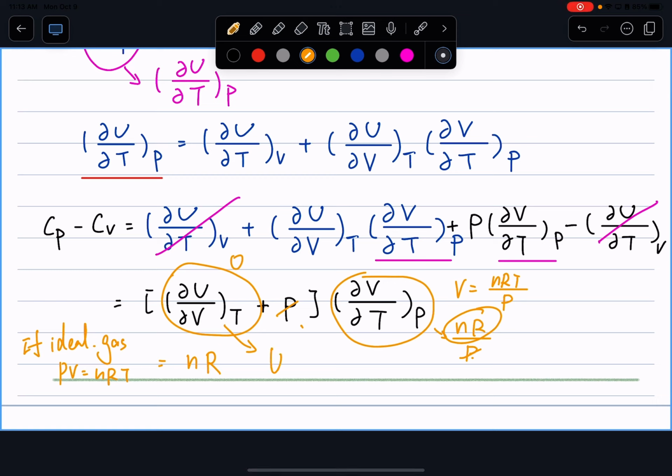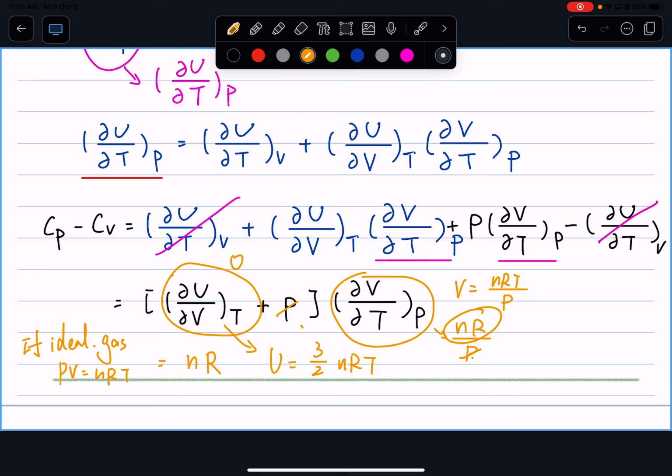So your U equals 3 over 2 times nRT. That's just the nature of the internal energy. We didn't go into detail about how that 3 over 2 times nRT comes about. It comes from statistical mechanics, which we are not going to cover. But it's very important to know that internal energy is only dependent on temperature for ideal gases.